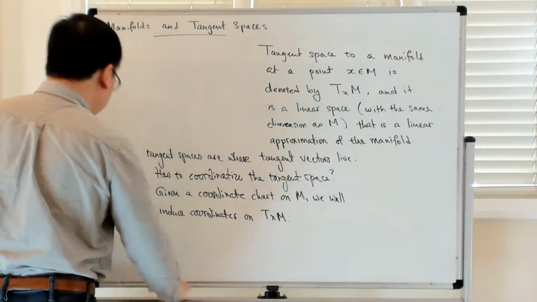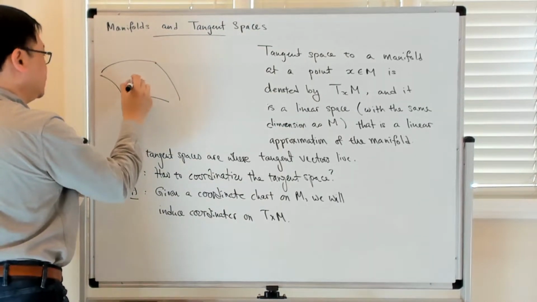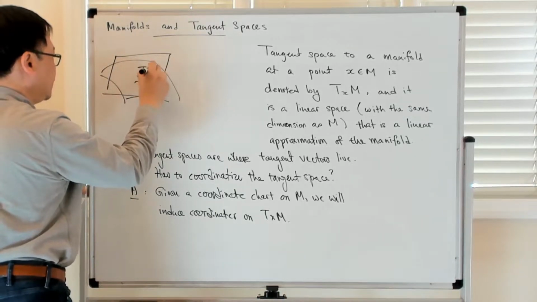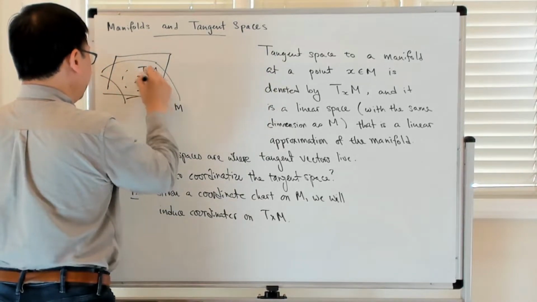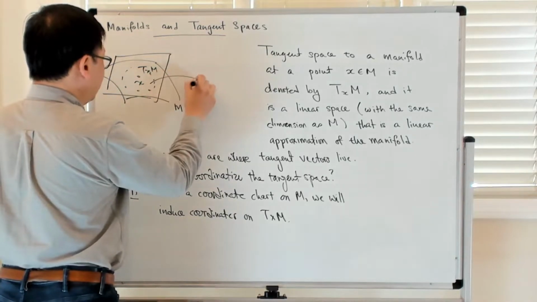Okay, so again, you have this curved space, you have a point X, right, and you have the tangent space to that. So this is TXM, and you have a manifold, and you have some sort of neighborhood about X, and you have a coordinate chart.